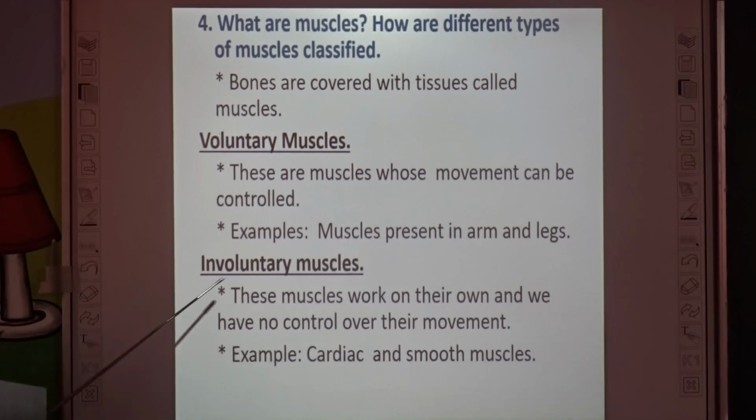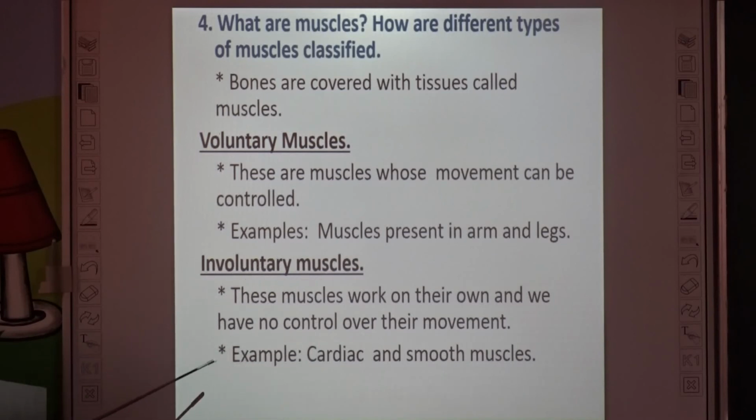What are involuntary muscles? They are opposite to voluntary muscles. In voluntary muscles, we can control the movement, but in involuntary muscles, we cannot control the movement. These muscles work on their own, and we have no control over their movement. Such muscles are called involuntary muscles.